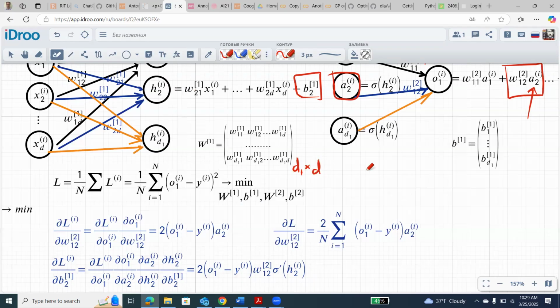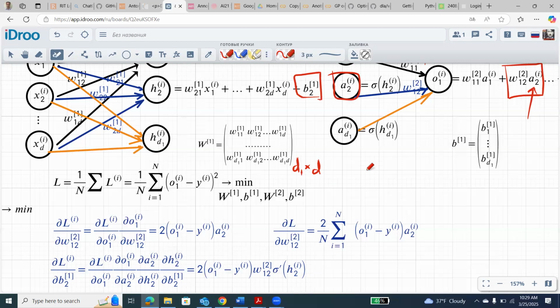If the input size is d and the hidden size is 10, 10 times d, it will be 10d.